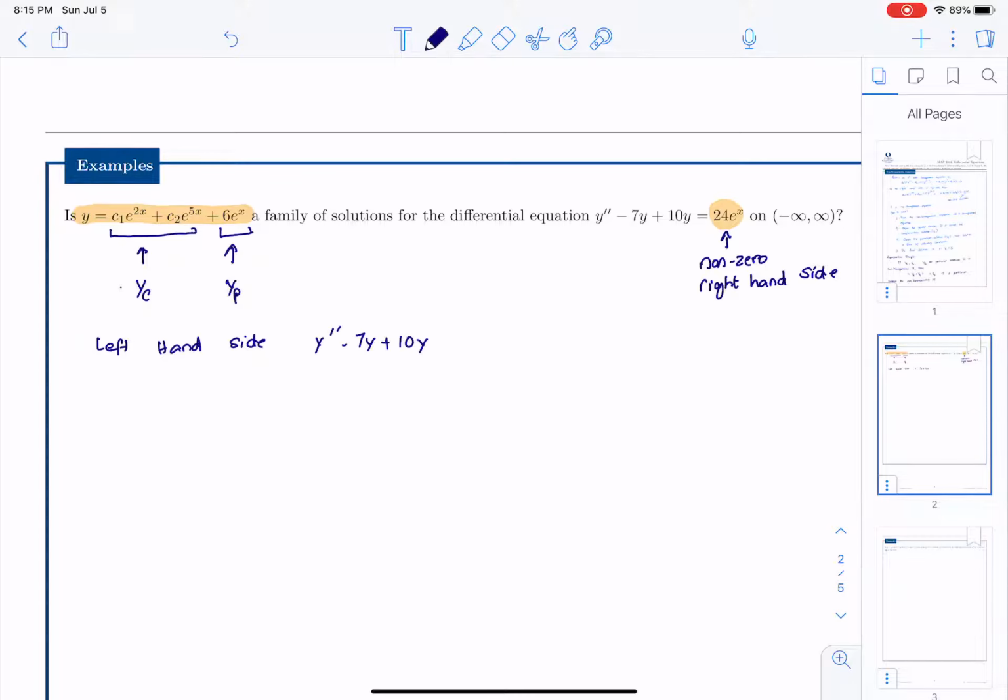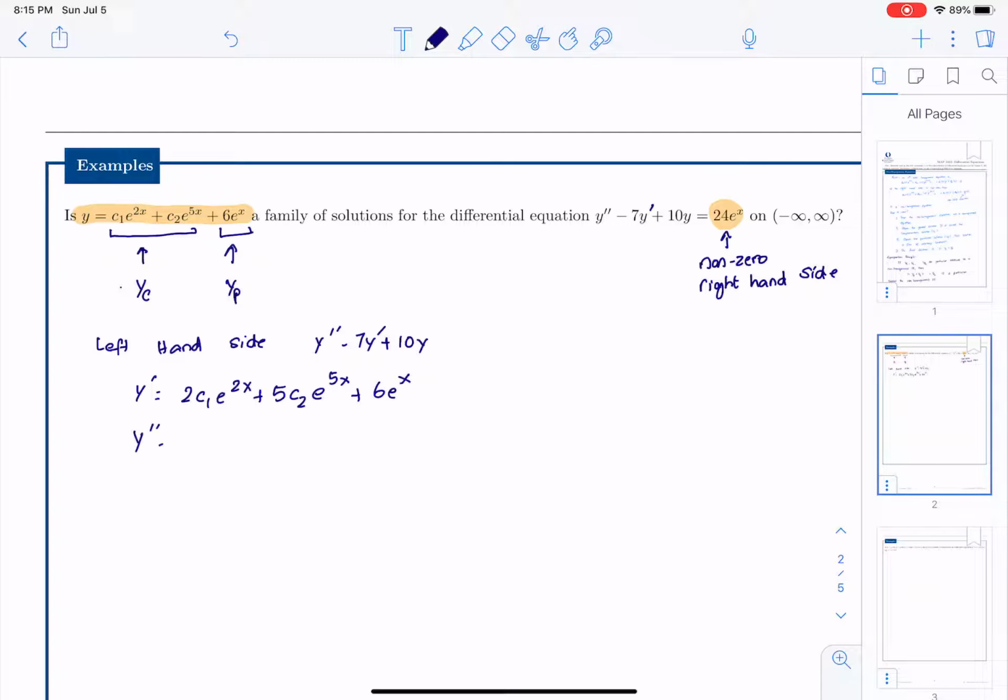So the left-hand side is that. We need to find y prime and y double prime. I forgot to put the derivative there. So y prime is 2c1 e raised to 2x plus 5c2 e raised to 5x plus 6 e raised to x.